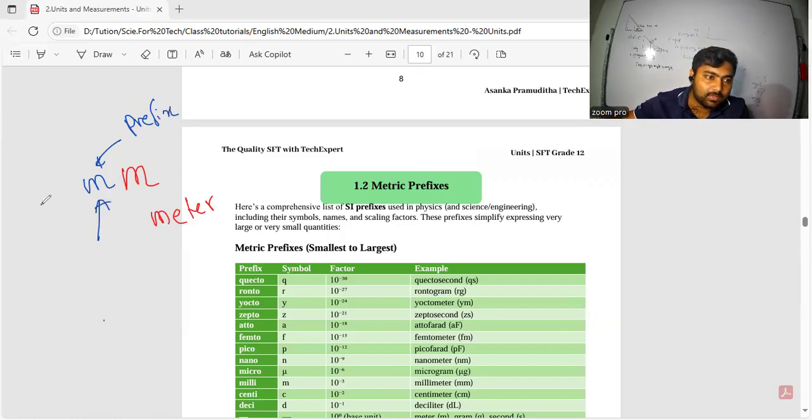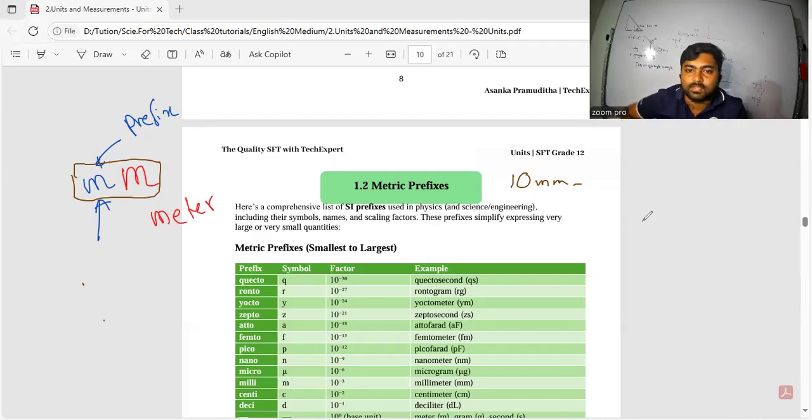So what is meant by this one? Small m before m. If you cannot understand things like this, I am writing 10 on this. So how can you read this one? This is 10 millimeters. Milli.